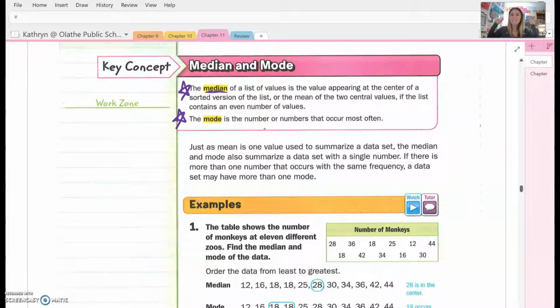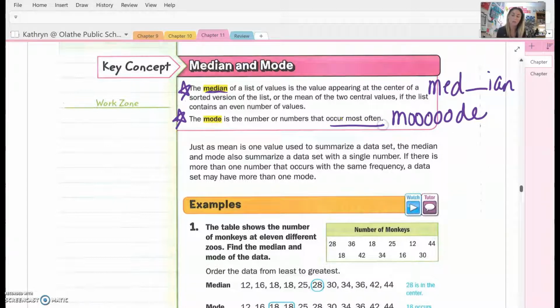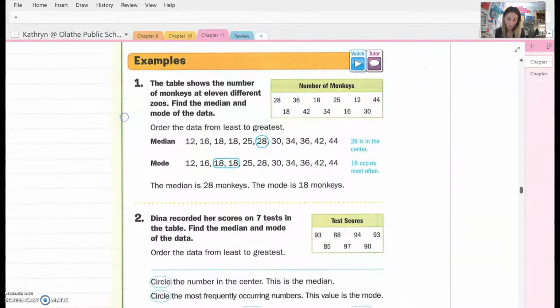So it's basically putting your numbers in order from least to greatest, and then going 1, 1, 2, 2, 3, 3, 4, 4, until you get to that middle number. That is the median. Hence why when we see the word median, it's going to be written like that. The mode, just add a couple of O's to help you remember that it is the number that occurs the most often.